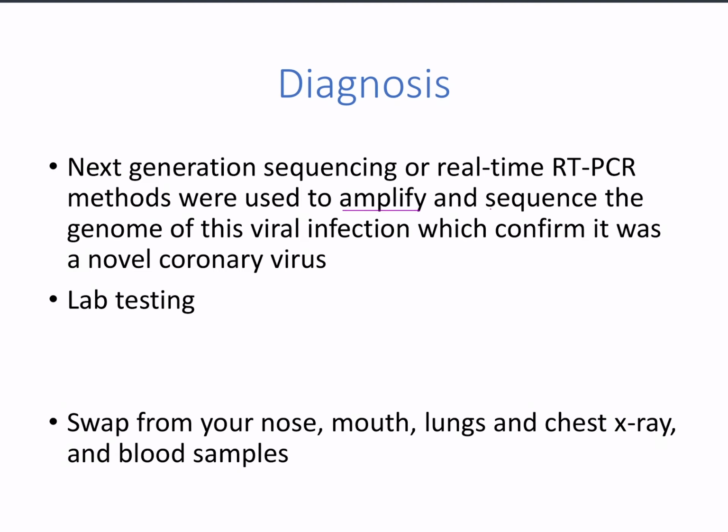Next generation sequencing and real-time PCR are techniques that can be used to increase the number of viral RNA strands, making it easier to use this increased number of strands to better study and characterize the virus, and that was how we learned that this was a new coronaviral infection.